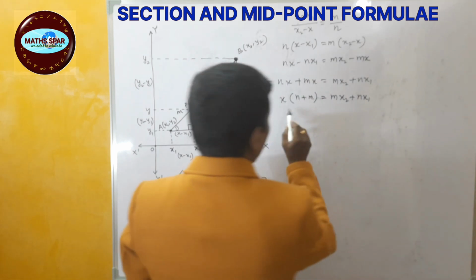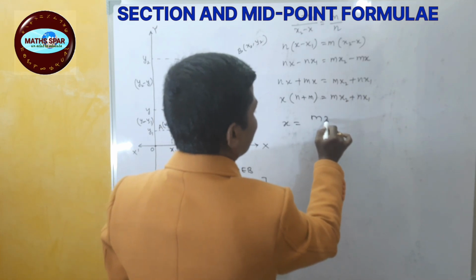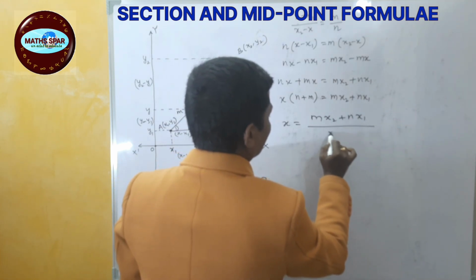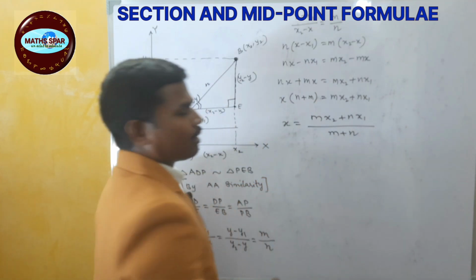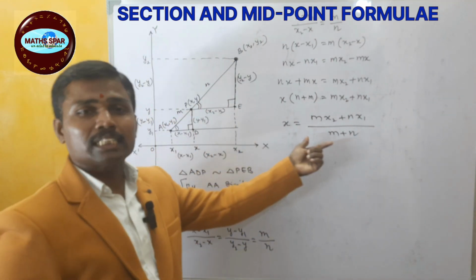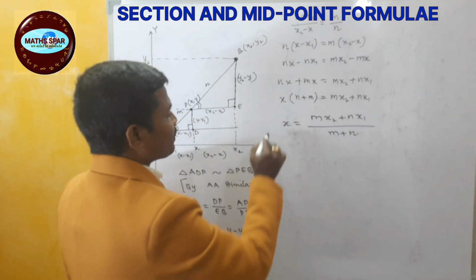Then n plus m is in multiplication. If you send it to the other side, it will go into the denominator, and the x coordinate of this point P is mx2 plus nx1 by m plus n.